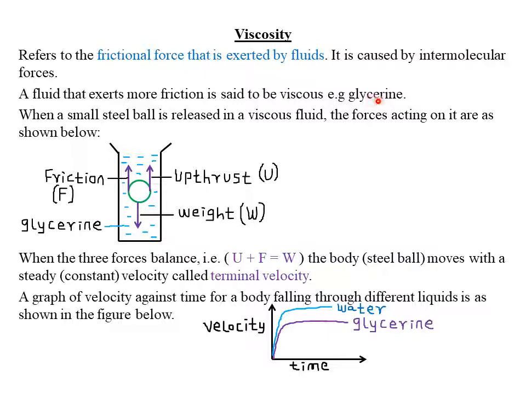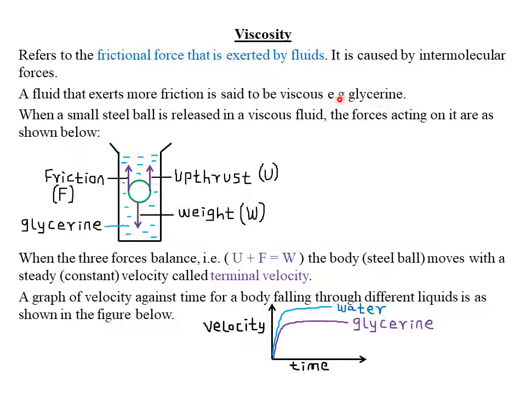Remember that cohesive force is very strong in glycerin. Cohesive force is also very strong in porridge. But in less viscous liquids, for example, water, the cohesive forces are very weak. That's why the water particles are free to flow from one point to another easily.